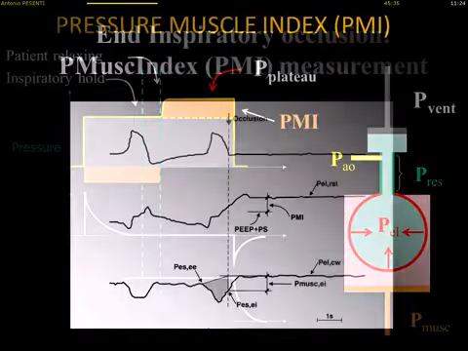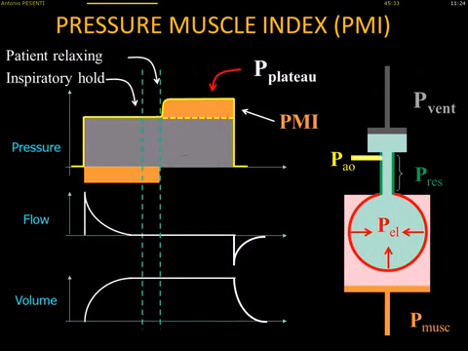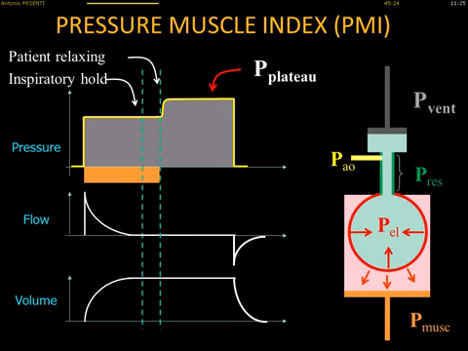To make a long story short. During pressure support, the ventilator makes this amount of pressure, but the patient makes this amount of negative pressure inside the chest.